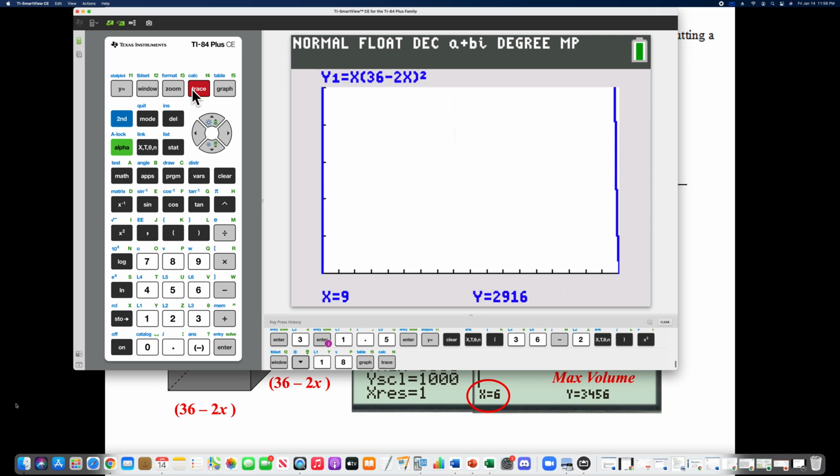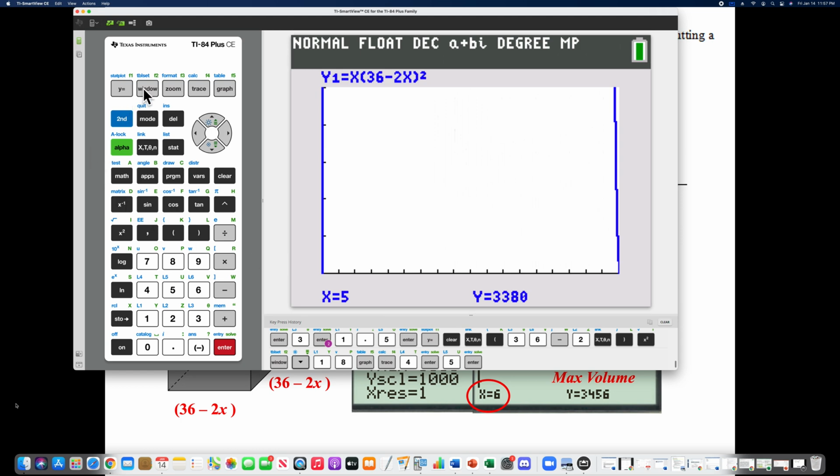So I hit trace, and I typed, well, here's 9 at 2,916. And then I just punched in some arbitrary numbers like a 4, a 5, just to see my values. They're all really big here in the 3,000s, if you will.